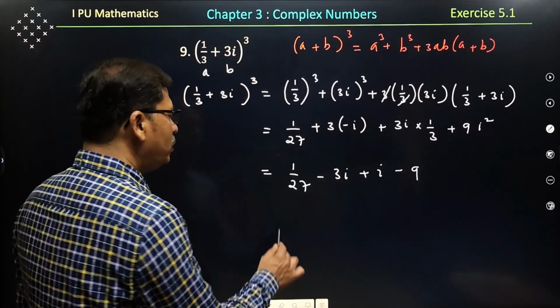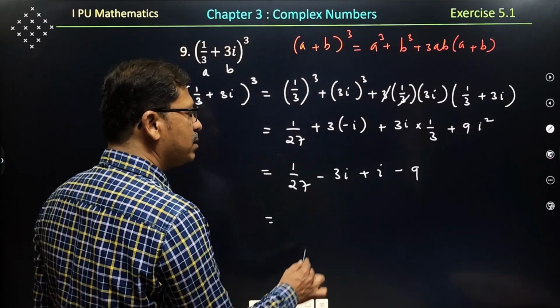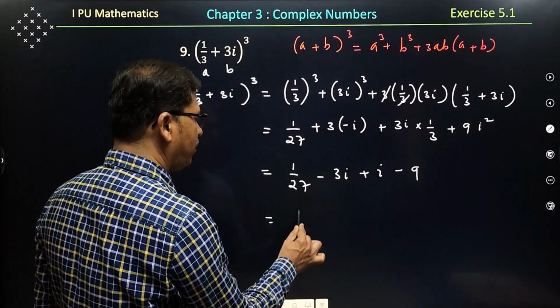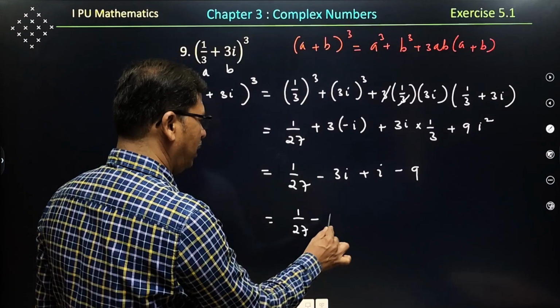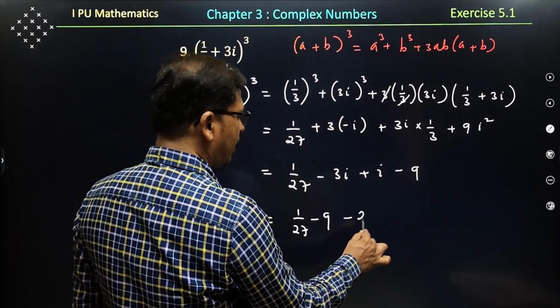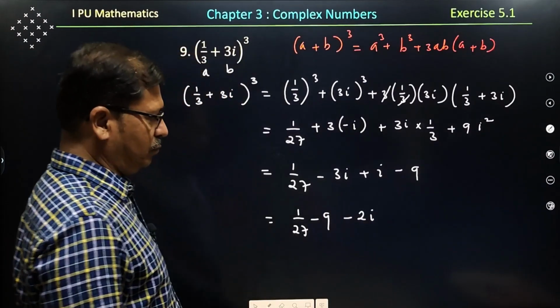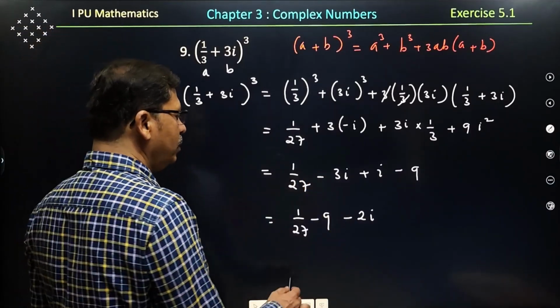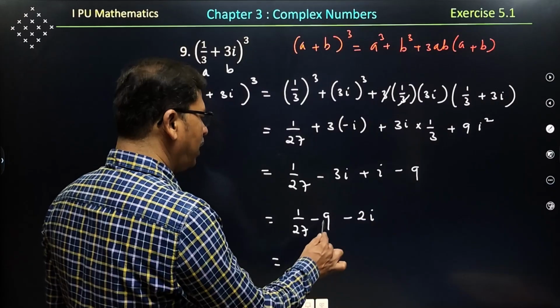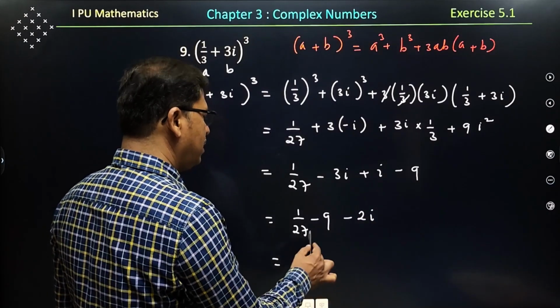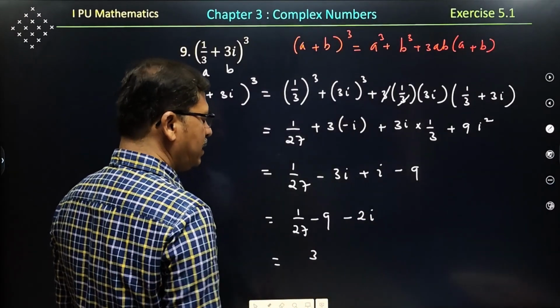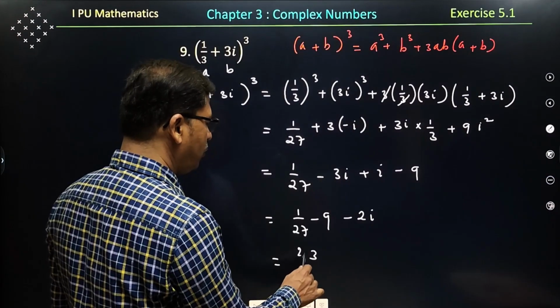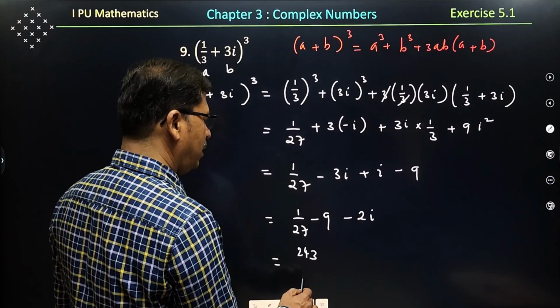Now 1 by 27 minus 9, and this is leading to minus 2i. You can add these two, these are like terms here. 27 into 9, 243.